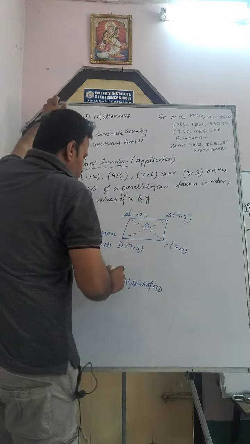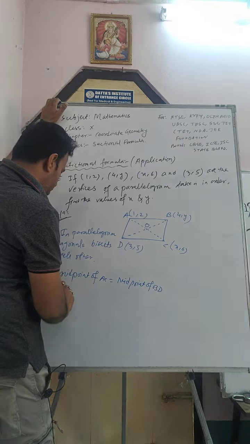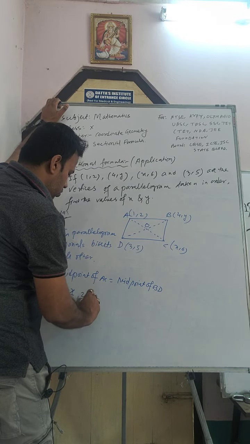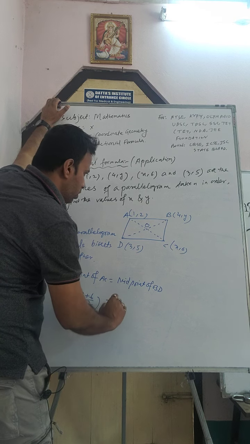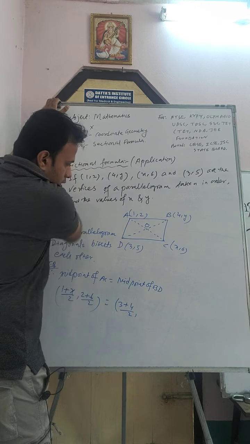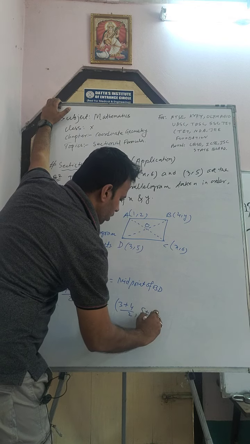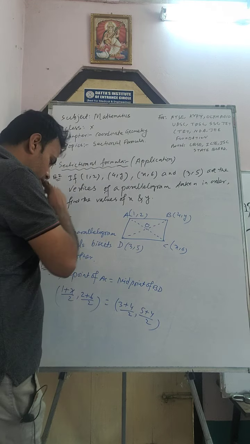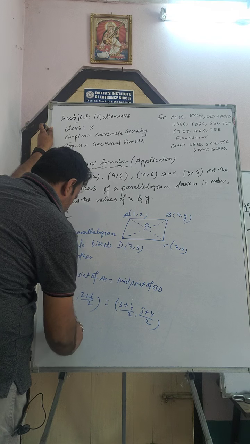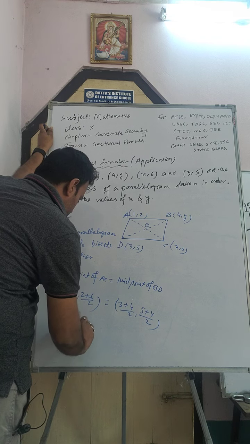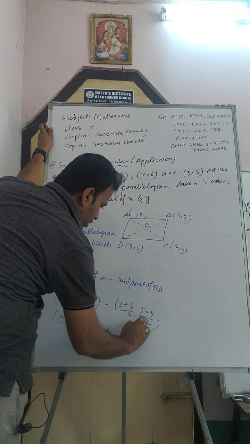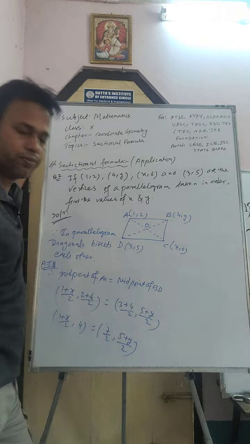Okay, so midpoint of AC is (x1 plus x2) by 2, (y1 plus y2) by 2, here also (x1 plus x2) by 2 and (y1 plus y2) by 2. Okay, so it becomes (1 plus x) by 2, here 8 by 4, that is 4, and here 7 by 2, (5 plus y) by 2, right?